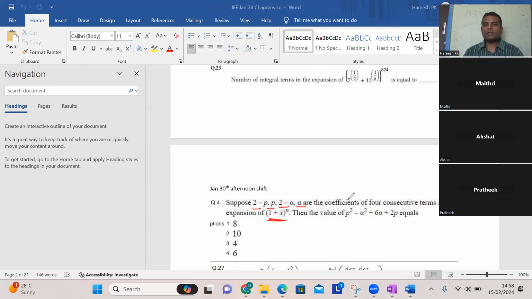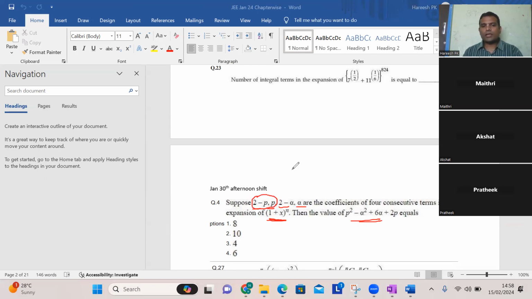How to find this whole expansion? Let me assume. See, I need to find out n and r, isn't it? Yes, so I need two equations.